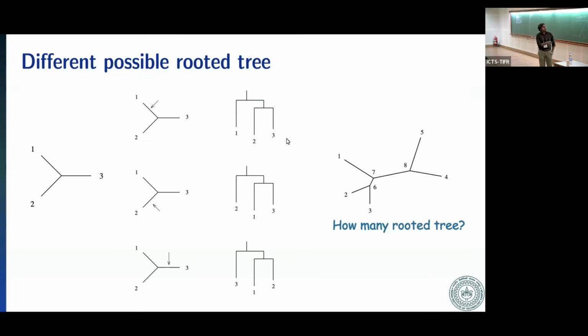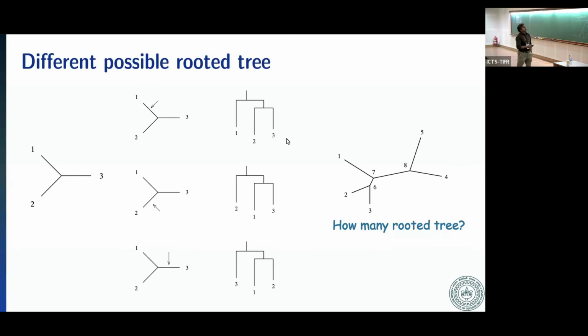Can anyone tell me how many rooted trees are possible for this particular unrooted tree? Anyone? Yes, and how are you saying it's 7? N minus 1. What is n? Number of leaves?